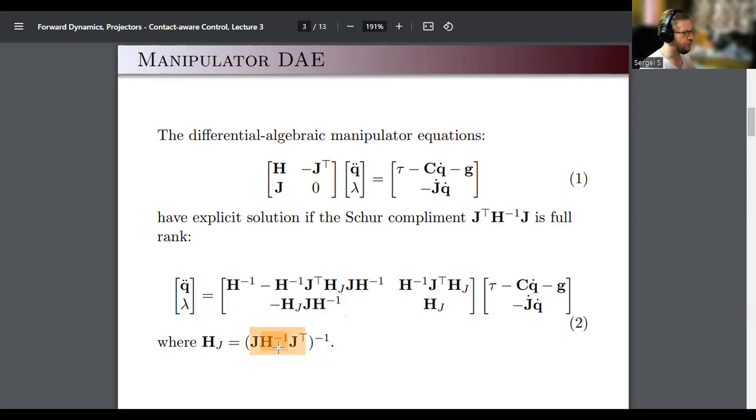This type of multiplication would also leave it symmetric, and inverse preserves symmetry for a full rank matrix, unless I'm missing something. But yes, it is symmetric. Some questions?